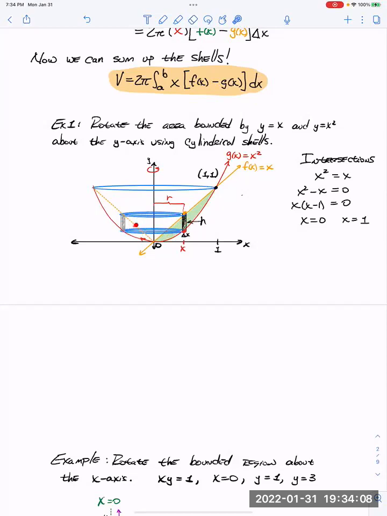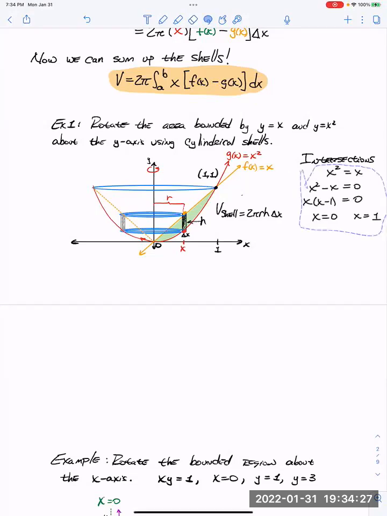Now, we know that the volume of an arbitrary shell is 2 pi r h delta x. Professor? Yes. How do we know that the x is there, giving us the thickness of our shell?